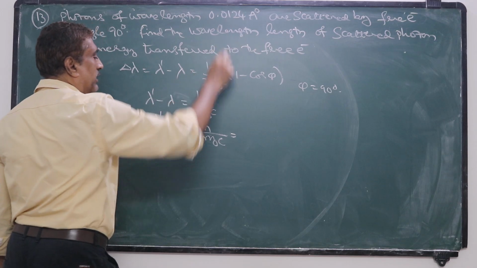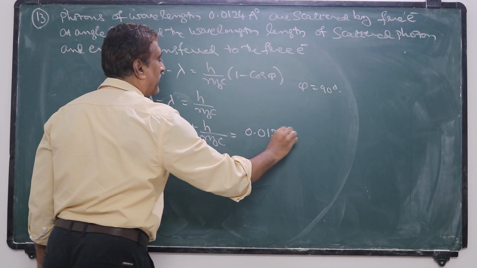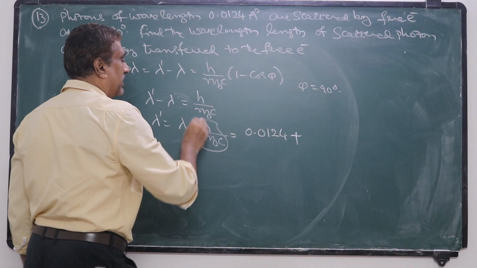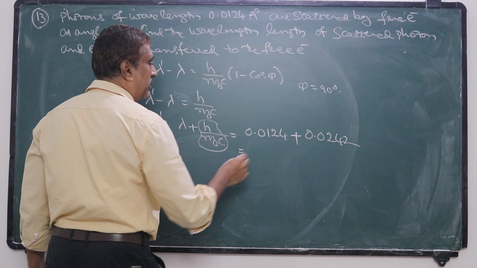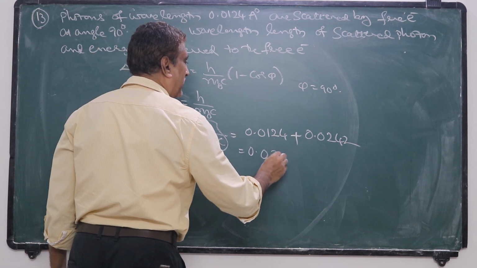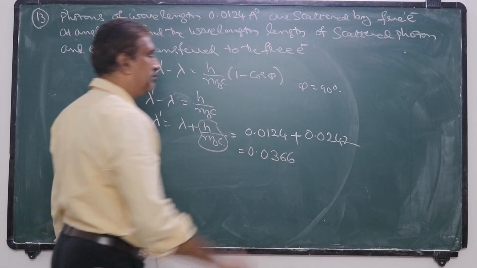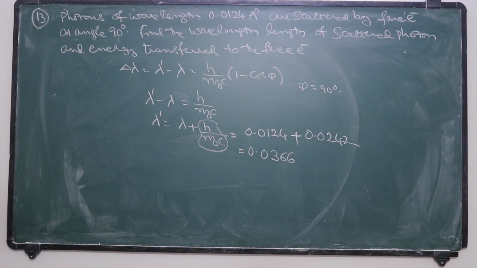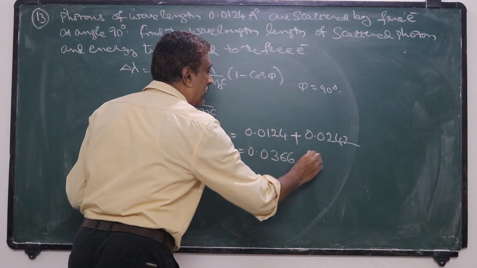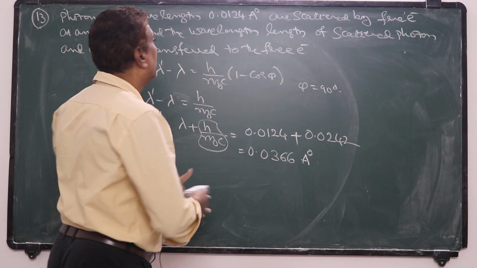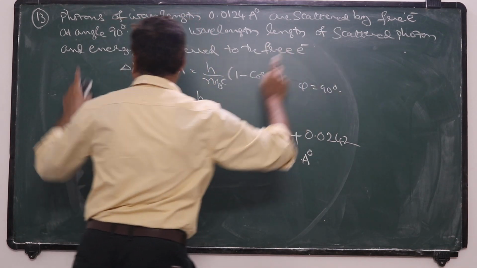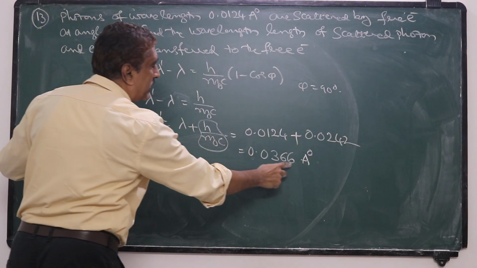Given lambda is 0.0124, plus this value calculated as 0.0242, that is 0.0366 Armstrong. So the wavelength of the scattered photon is lambda dash, that is 0.0366.